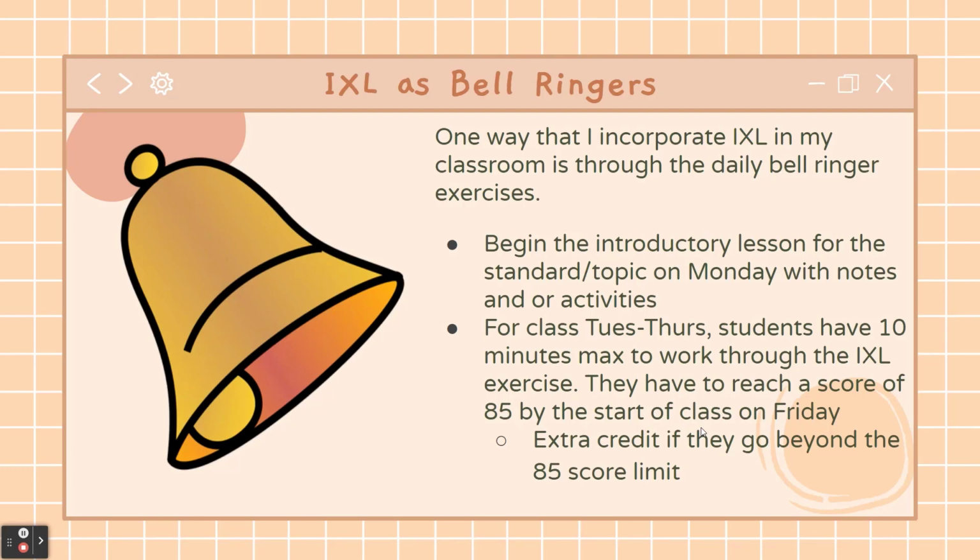Now, I realize that some students want to do more than what's expected. We all have those students. We all know exactly who they are, and we probably are thinking about them in our heads right now from the comforts of our own home. So for those students that always want to do more, give them extra credit if they go beyond the 85 score limit.